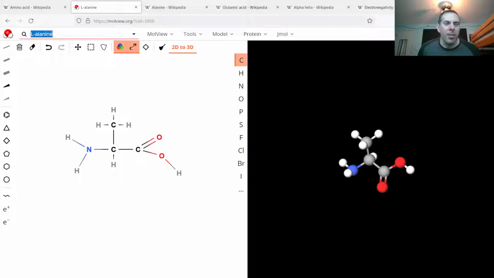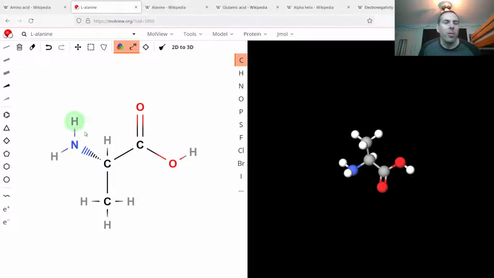So let me just show you how they draw it when you search for it. Here's the alpha carbon, the side chain, and here's the 3D representation of it with the N terminus on the left and the C terminus on the right. Other than glycine, this is essentially the smallest side chain.